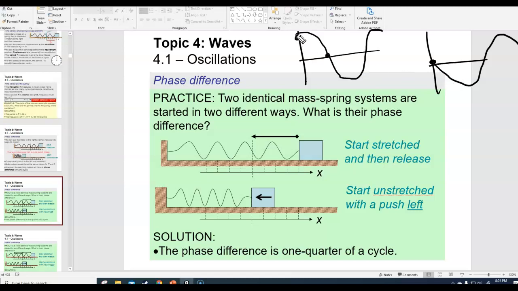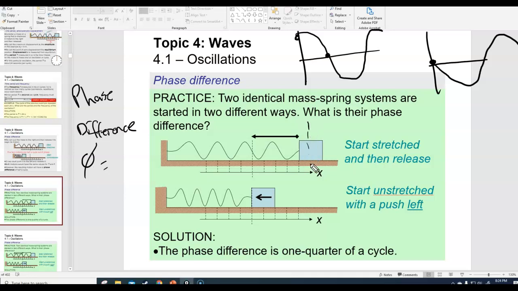This one starts at the maximum displacement and then goes on ahead. At a higher level of physics, we would normally write the phase difference with a phi, like this. But the way you would figure it out is you would think in terms of period.